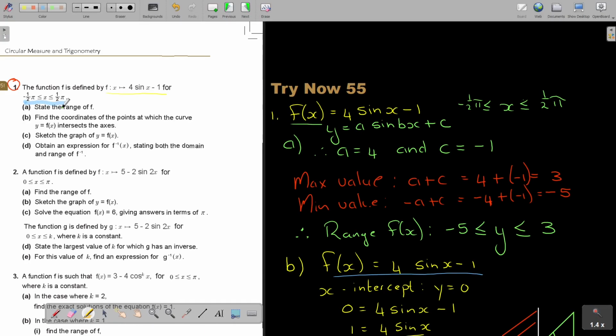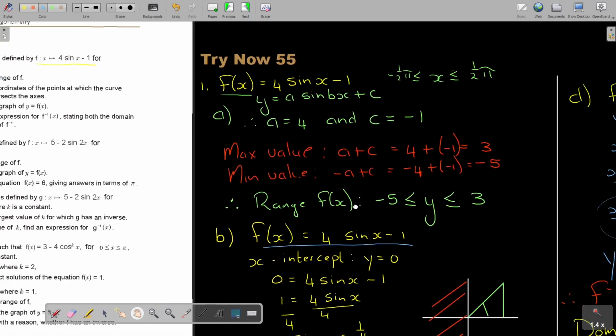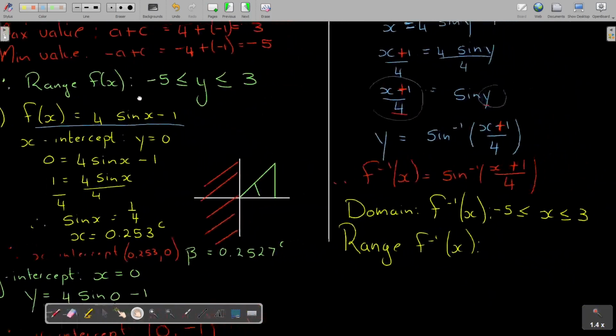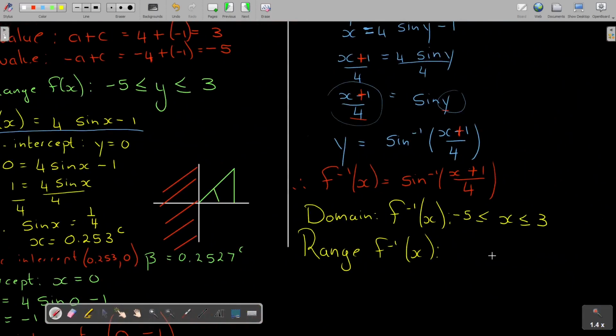So basically I'm just going to say, the range is just going to be, I'm going to write it down, y is bigger than or equal to minus pi over 2, smaller than or equal to pi over 2.